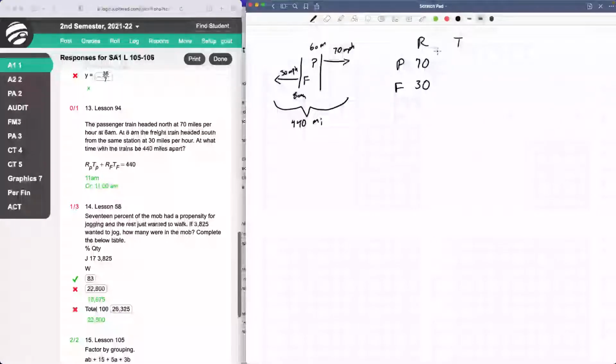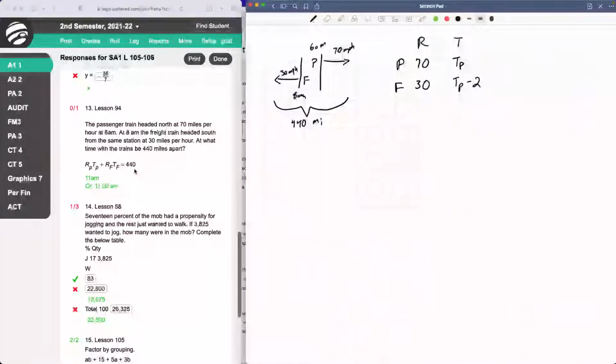So we have the time of the passenger, and then the time of the freight, he started 2 hours later. So the time of the freight is going to be the time of the passenger minus 2.